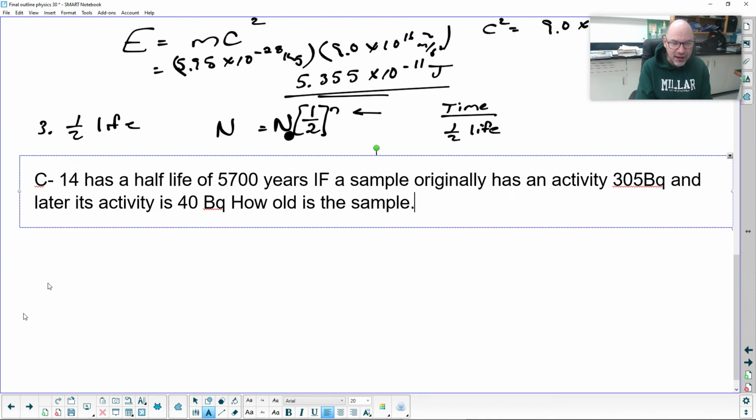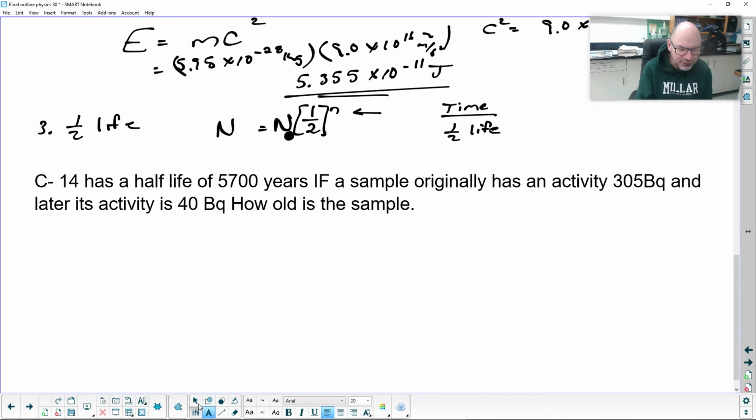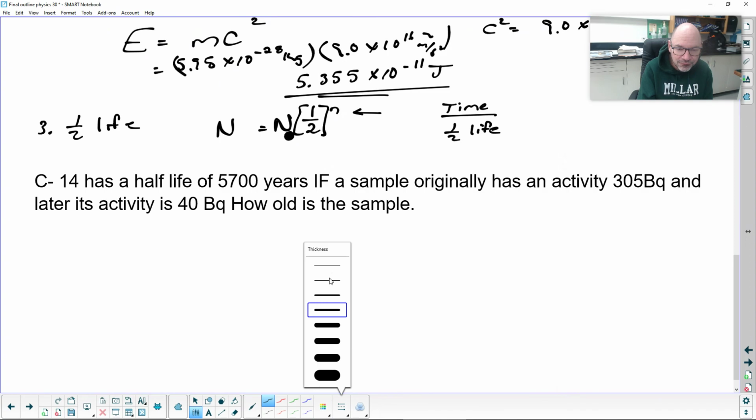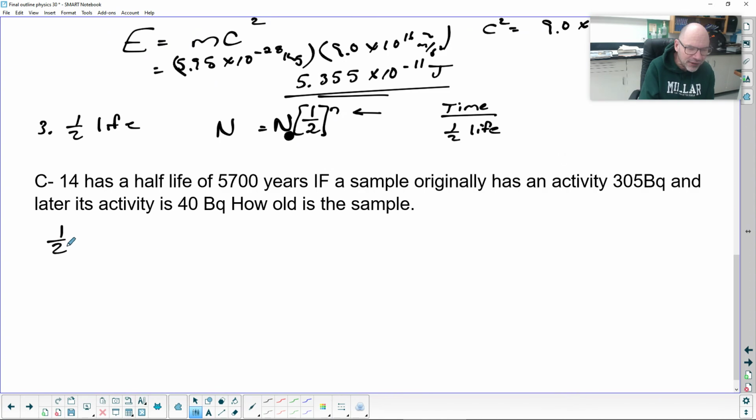Okay, in our case, we know the half-life is 5,700 years. Our original decay rate is 305, named after the guy Becquerel.